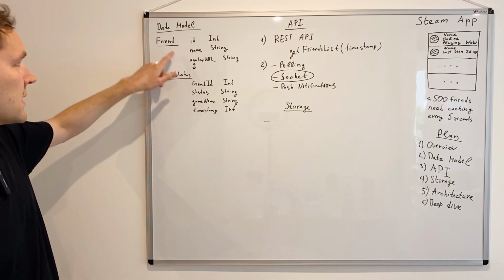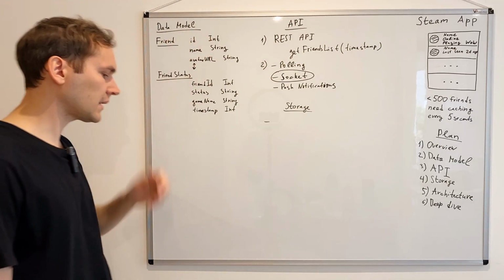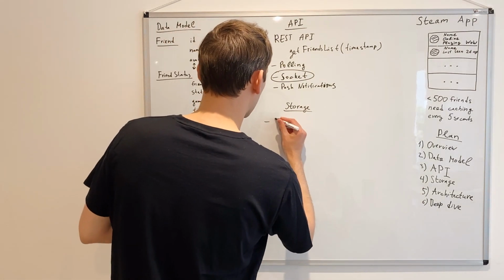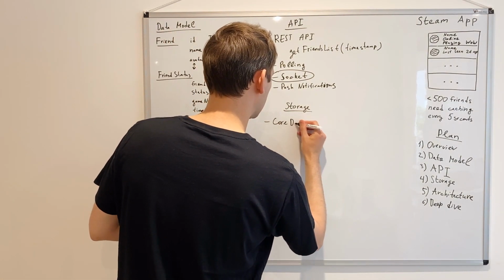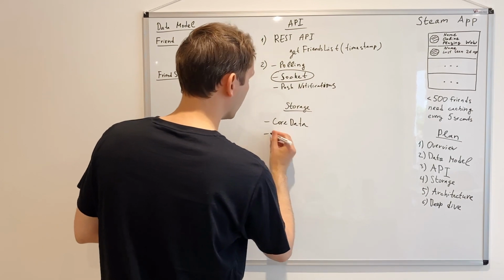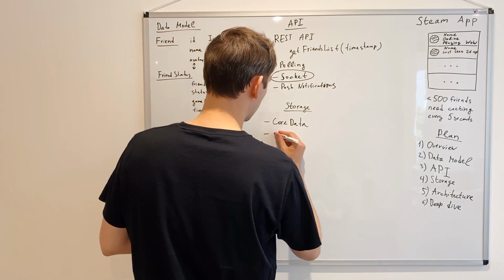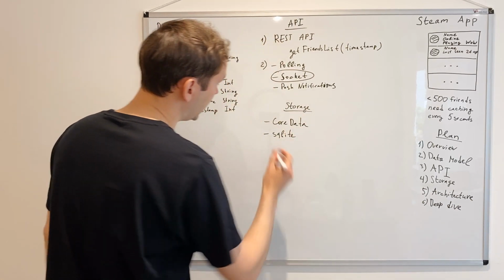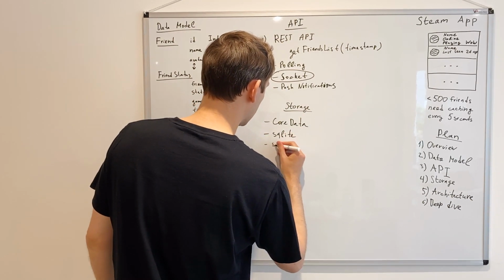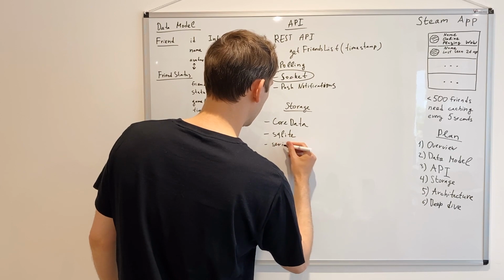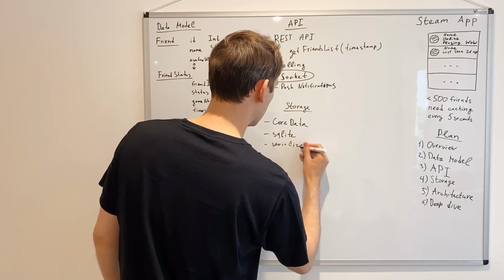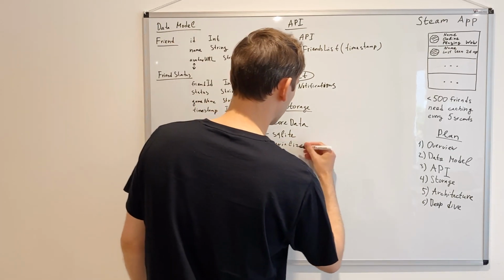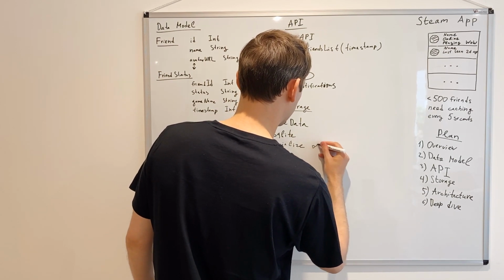We just need to store the friends list. So we could use Core Data, or plain simple SQLite, or we can serialize objects to the disk.